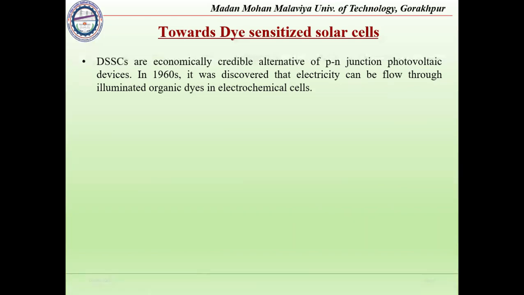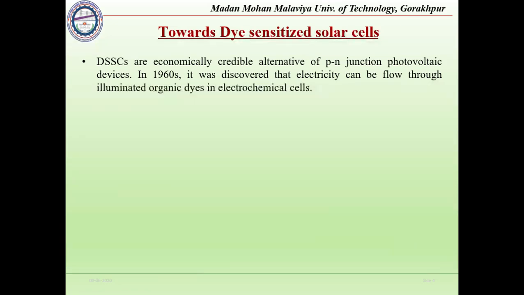And it is to be mentioned here that it is sensitized, not synthesized. Sensitized means a photoactive material. The dye is the only photoactive material which is responsible for absorption in the solar cell. It is an economical, credible alternative to conventional p-n junction silicon devices.